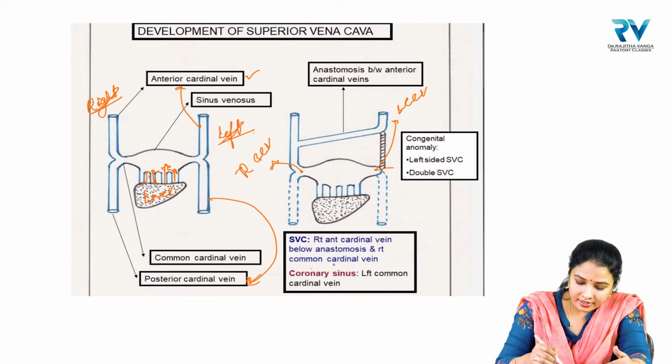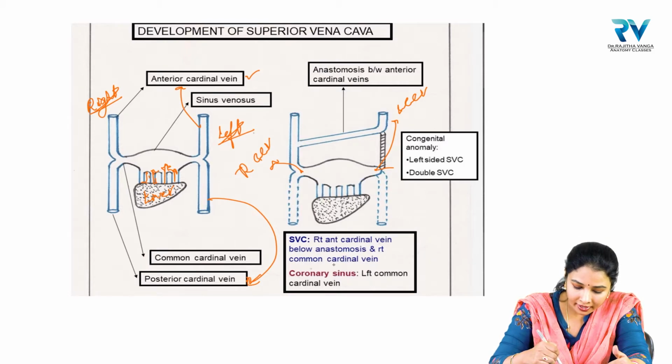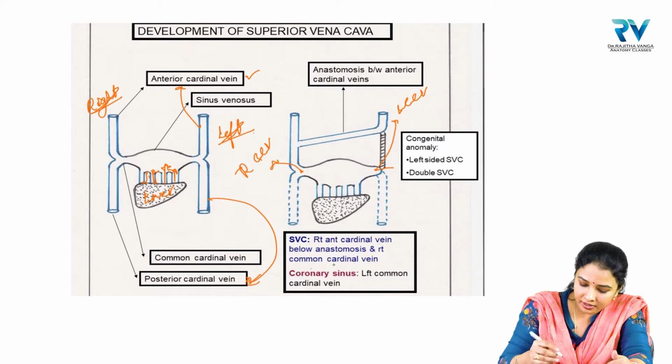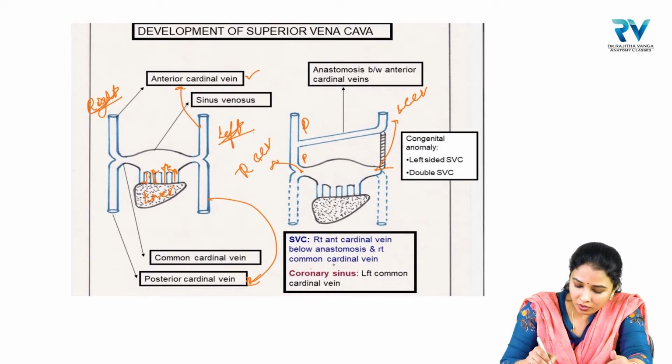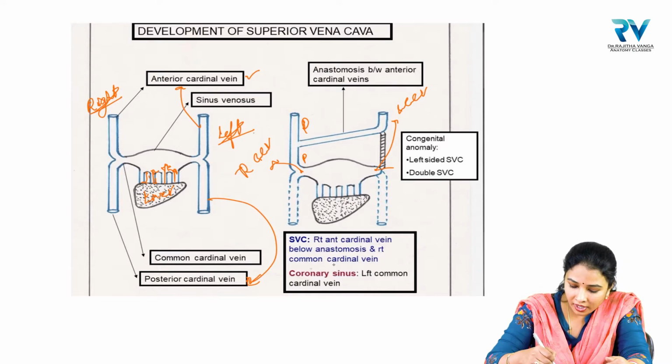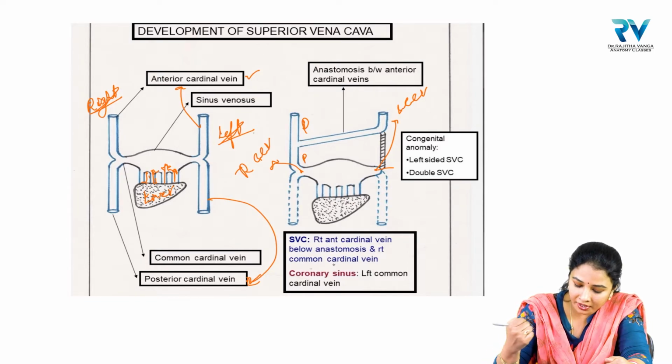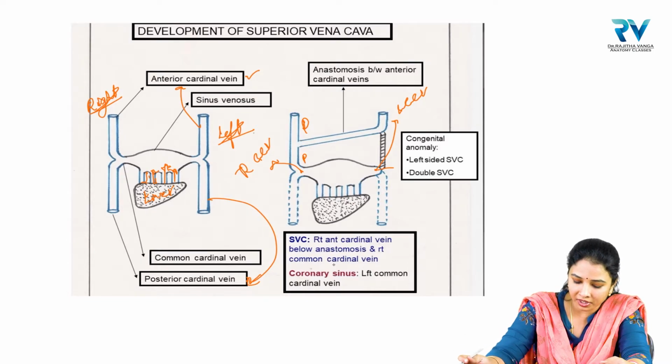On the right side, the right anterior cardinal vein, we can say proximal and distal. This is the proximal and this is the distal. Because of this anastomosis between the two anterior cardinal veins, we can appreciate it here.